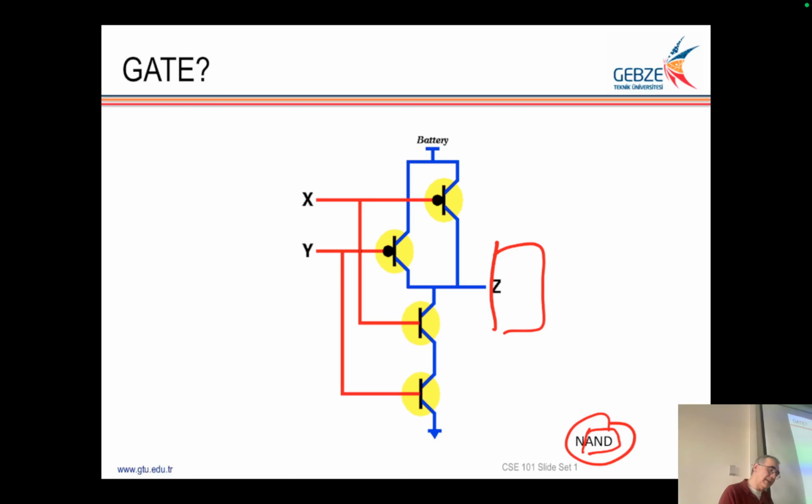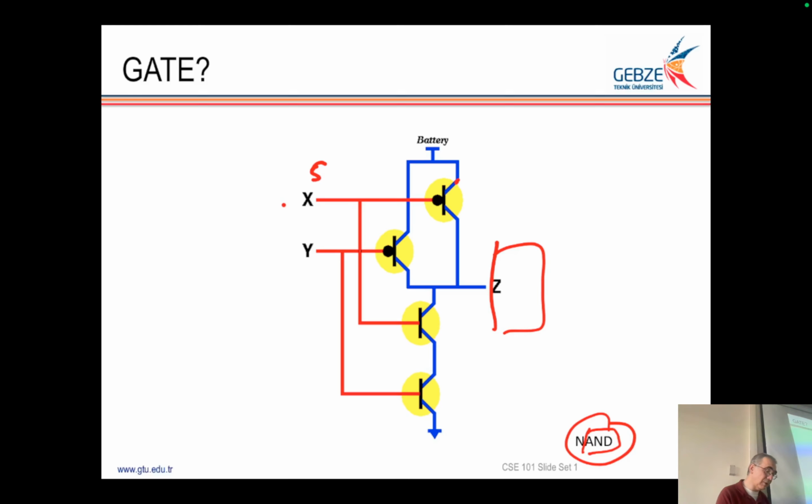So if I give 5 volts from here, this becomes open. This becomes open. So output will be 0. So if any of them is 1, no current flows. But if both of them are 0, output will be 1.